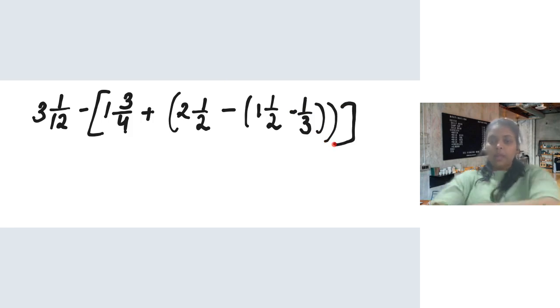Tell me first, where will we start to solve this question? Ma'am, the smallest bracket of them all. Very good. 1 upon 2 minus 1 upon 3. Right. Solve this.